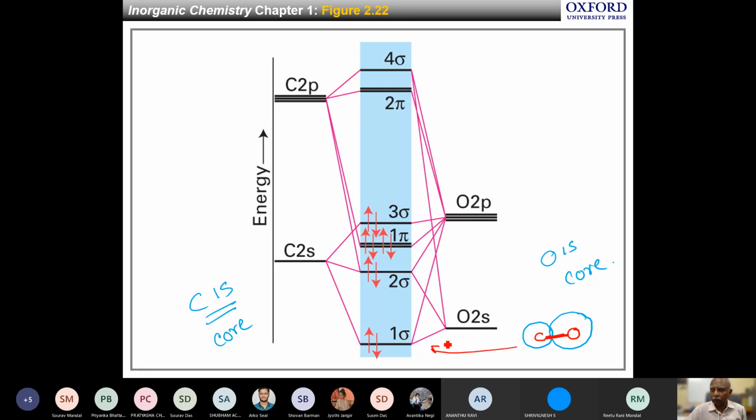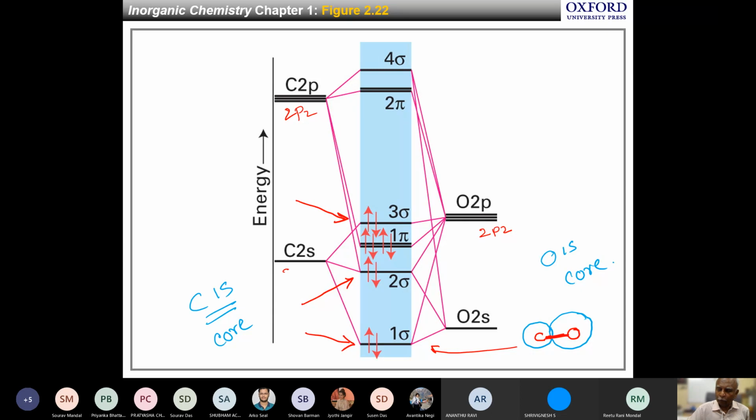That is this one. Now it turns out that the anti-bonding combination of the 2s mixes with the 2pz of oxygen and the 2pz of carbon, and these two interact and they form 2 sigma orbitals.